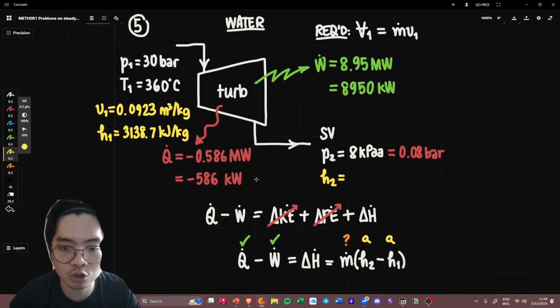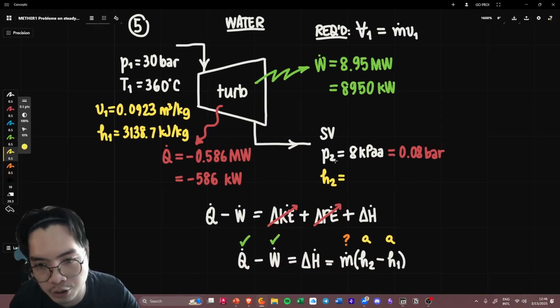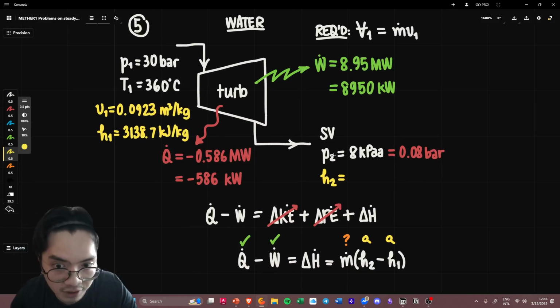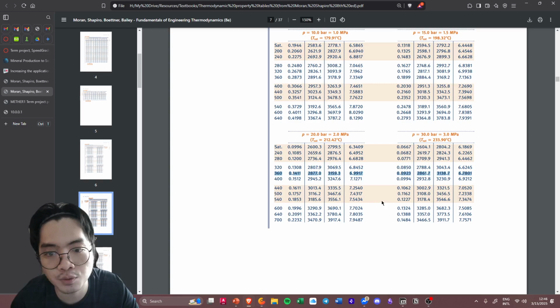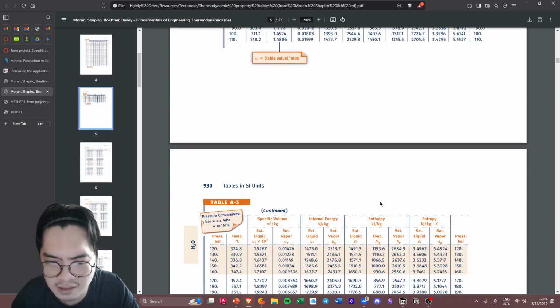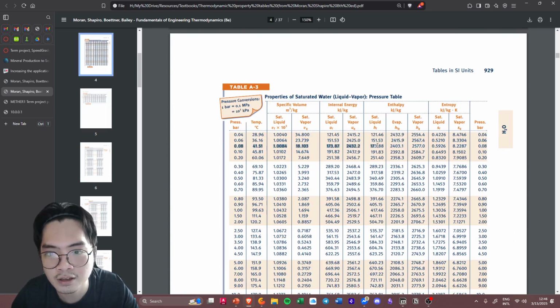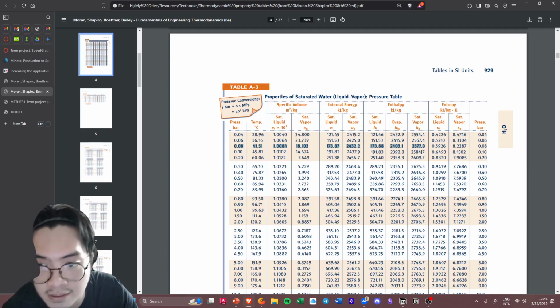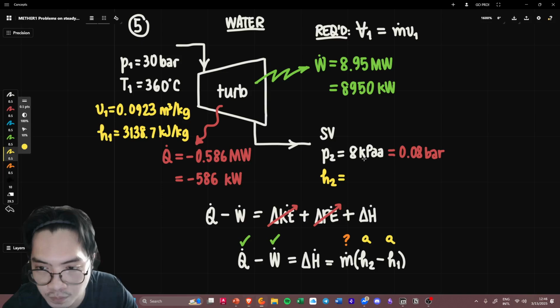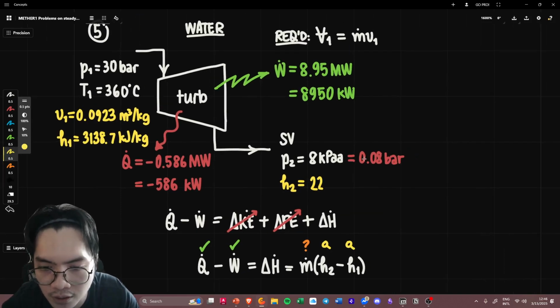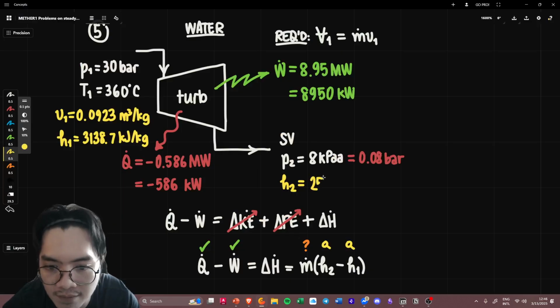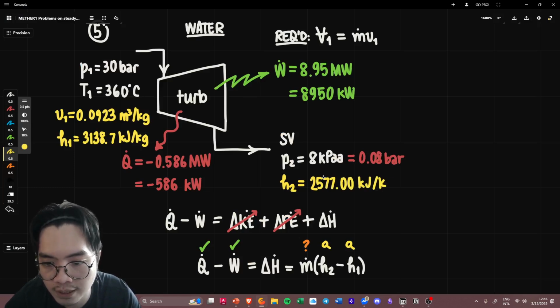For H2, we go back to the saturation tables because it's a saturated vapor at 0.08 bar. I still can't believe that's so small. It's here though, okay? So now we get the value of Hg, which is 2577 kilojoules per kilogram.